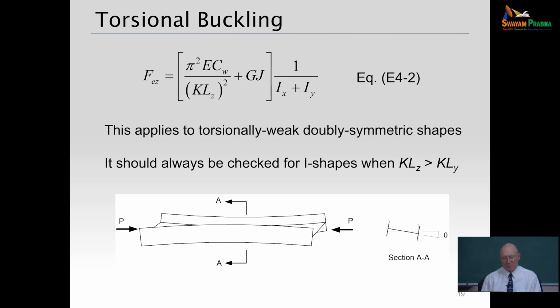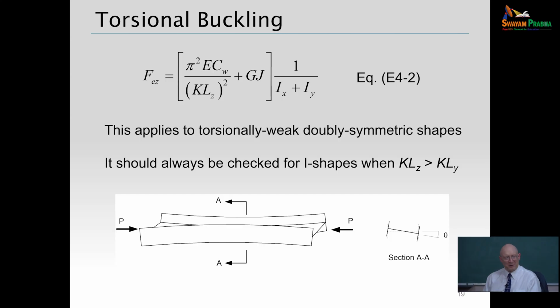Now, when do we need to bother with this? Even if you look at the design aids with the American specifications, there are a lot of very useful tables for column capacity where you can look up the strengths, but they're all geared to flexural buckling. There's not a word anywhere in those design aids about torsional buckling.